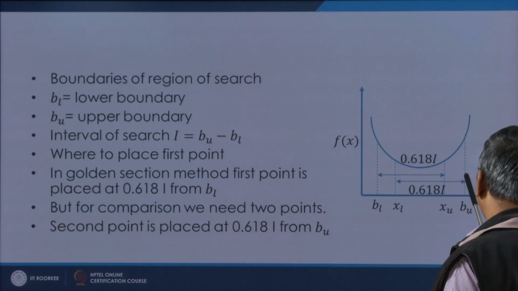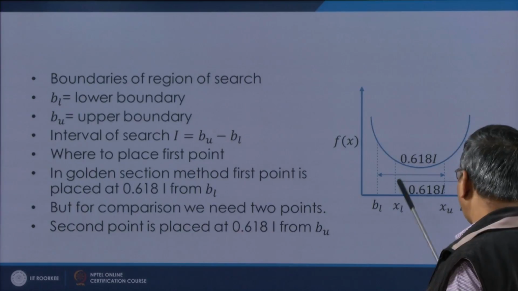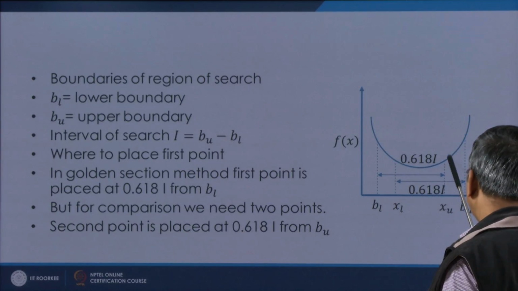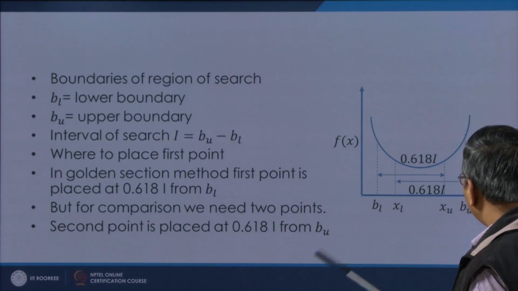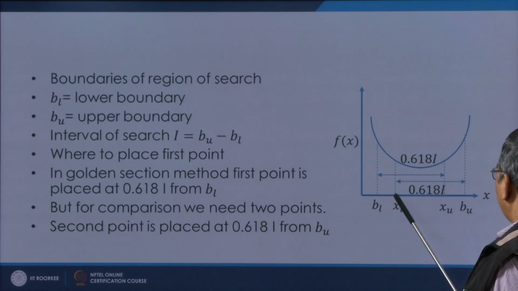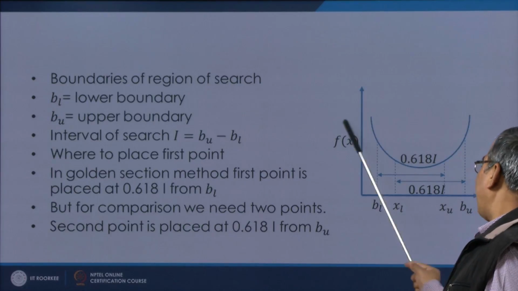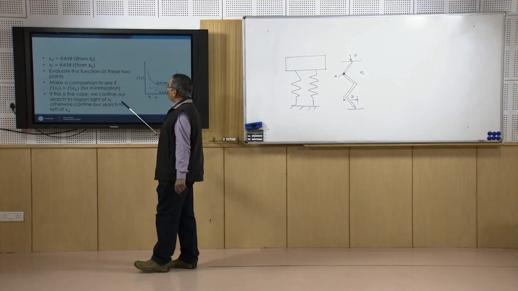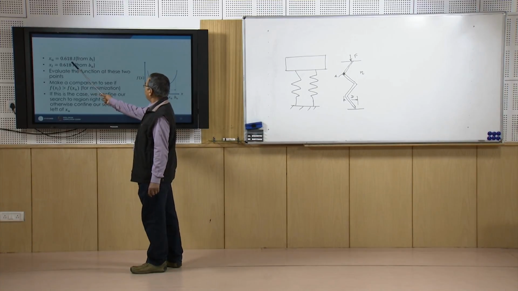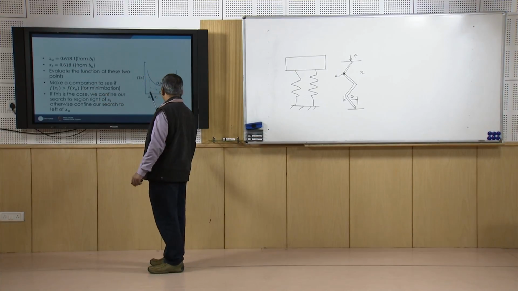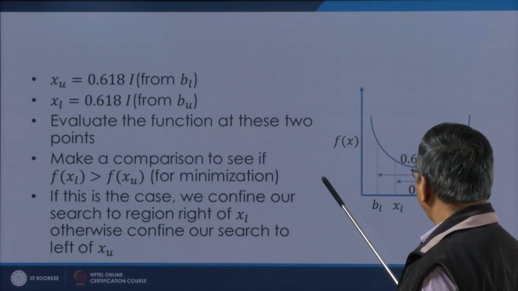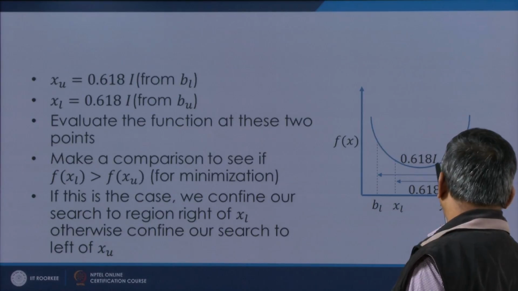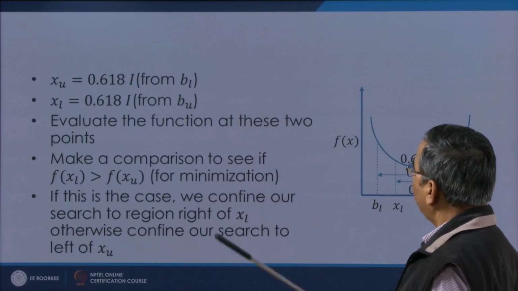So, from this BU I take 0.618 I and I find out this point. So, this is basically XL and this is basically XU. So, this way I find out these 2 points. My XU is 0.618 I from BL. Similarly, my XL is 0.618 times I from BU.